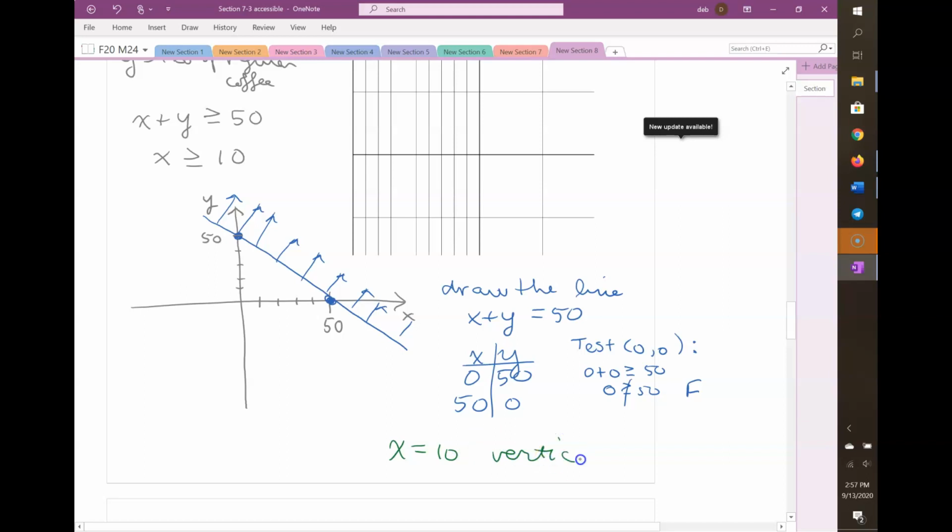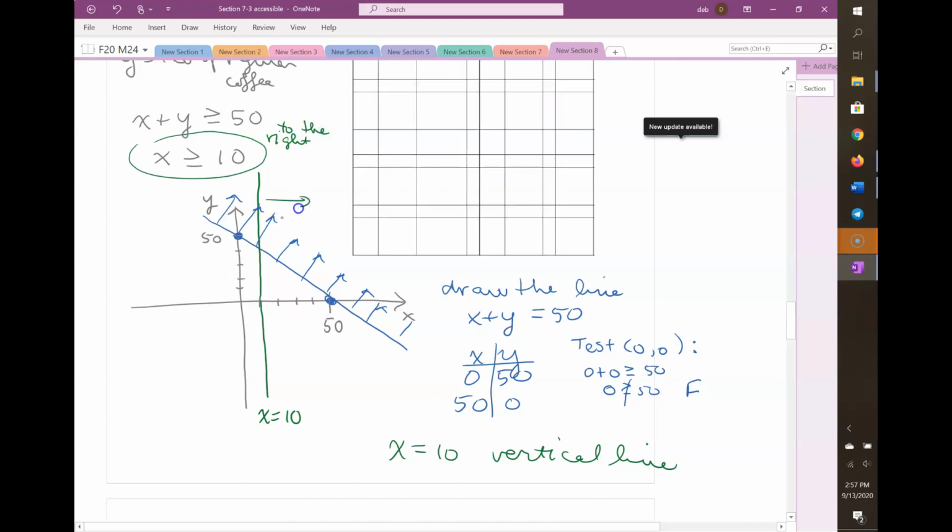And this is a vertical line. And everywhere on this line, x equals 10. So this is the vertical line, x equals 10. And then if I want x values that are bigger than 10, I find those to the right. So I need to shade to the right.